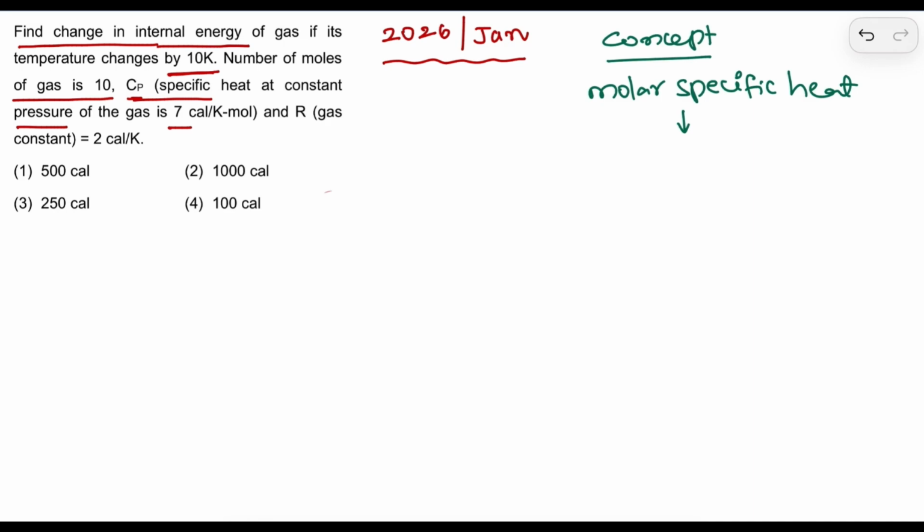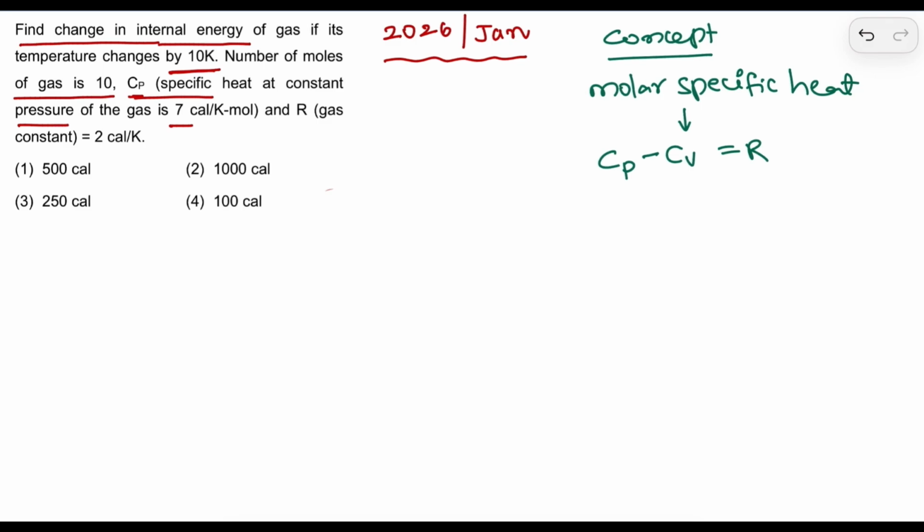Molar specific heat: Cp minus Cv is equal to R, the relation between the molar specific heat at constant pressure and constant volume. And the internal energy, dU, is equal to n Cv dT, where dT is the change in temperature.